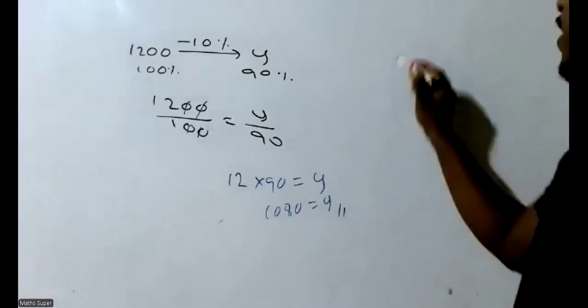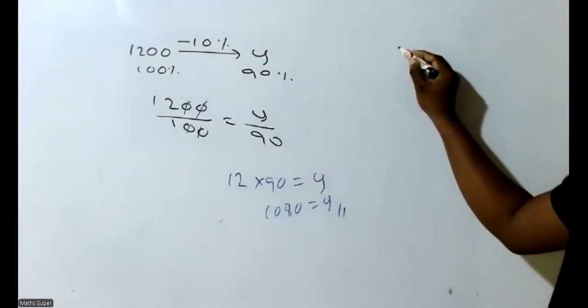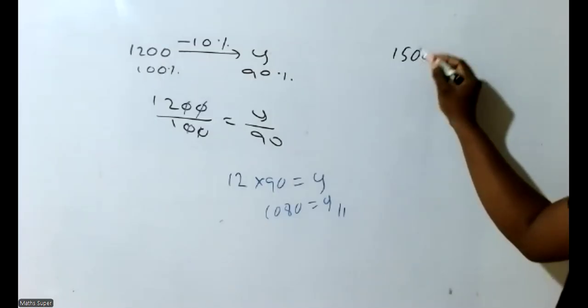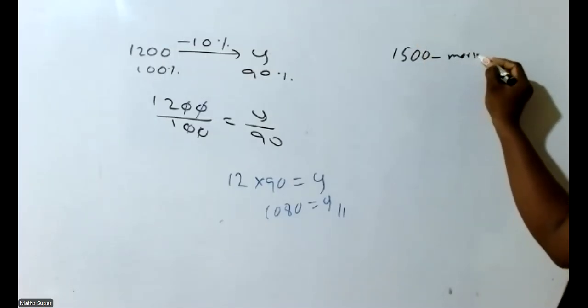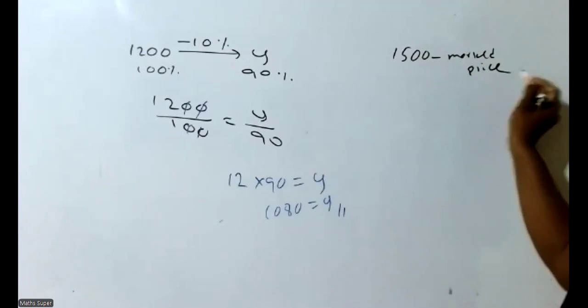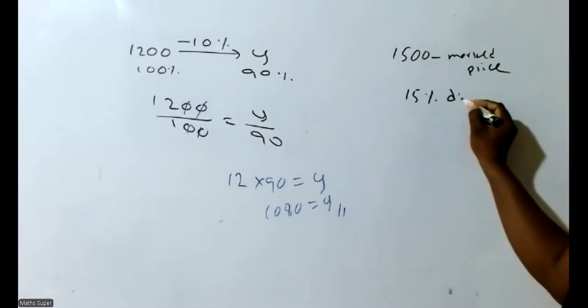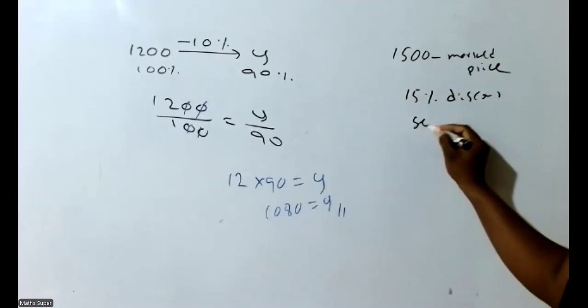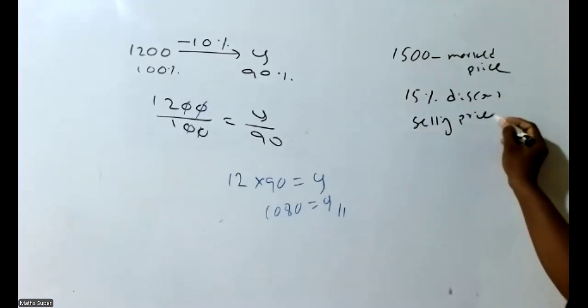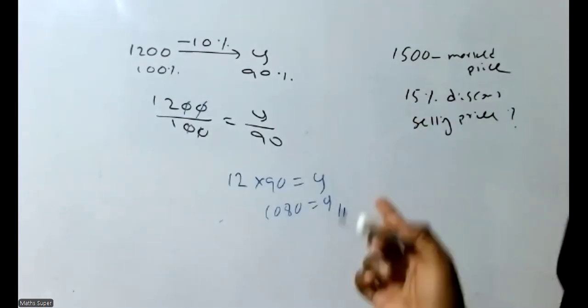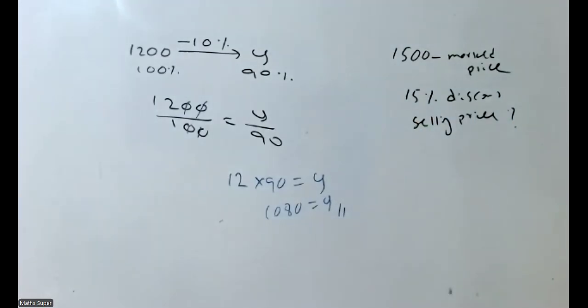The mark price is 1500, with a 15% discount. Find the selling price using this method. Do this one and send me through WhatsApp. Not today, maybe tomorrow, or before Sunday class, with the question.